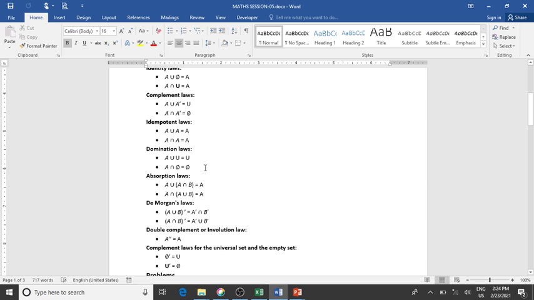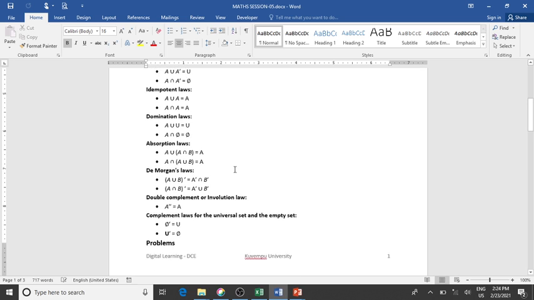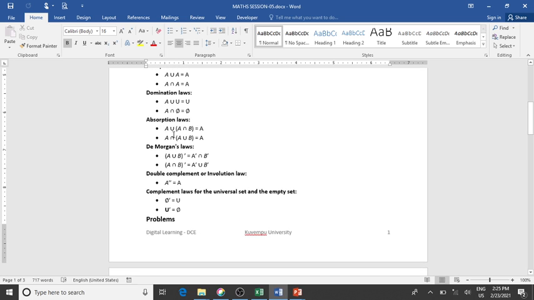Next, domination law. A union the universal set gives the universal set itself, and A intersection the null set gives the null set itself. Next, absorption law. A union (A intersection B) gives rise to A. Similarly, A intersection (A union B) gives rise to A itself.